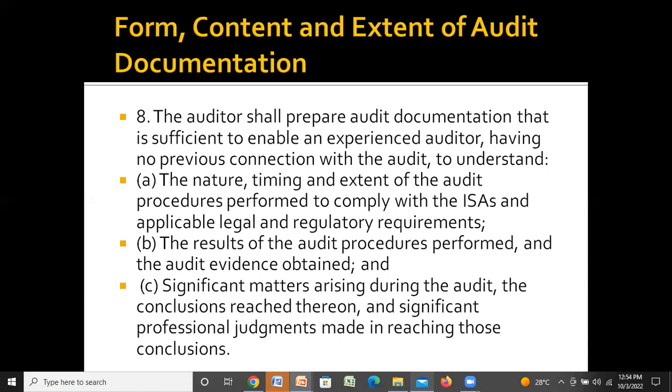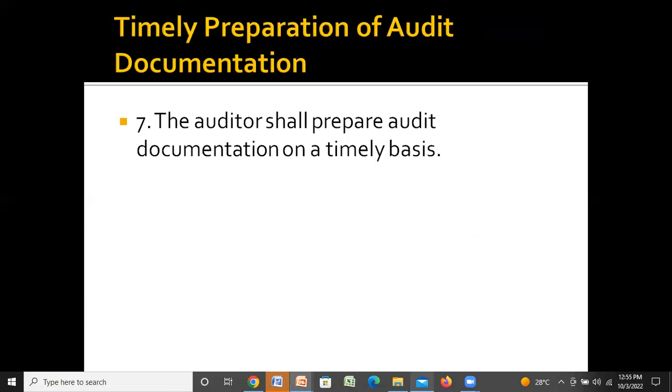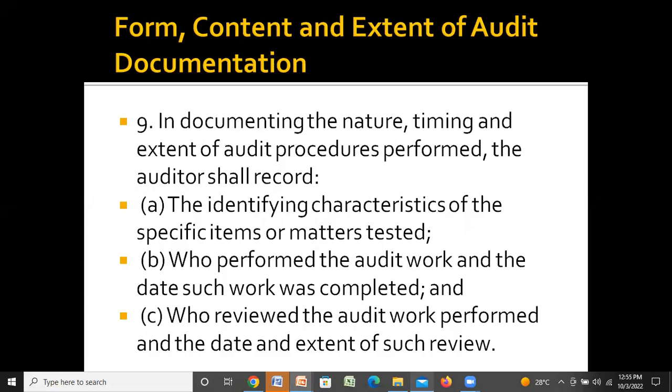Also, significant matters arising during the audit and conclusions reached, and significant professional judgment made in reaching those conclusions. So what we're saying is that your audit documentation must be self-explanatory. Anybody that is experienced in auditing should be able to pick your audit file, read it, and understand how you arrived at your conclusions. So that's what paragraph 8 is talking about.